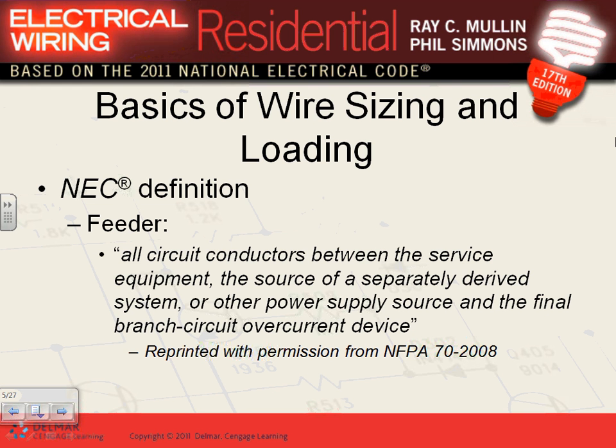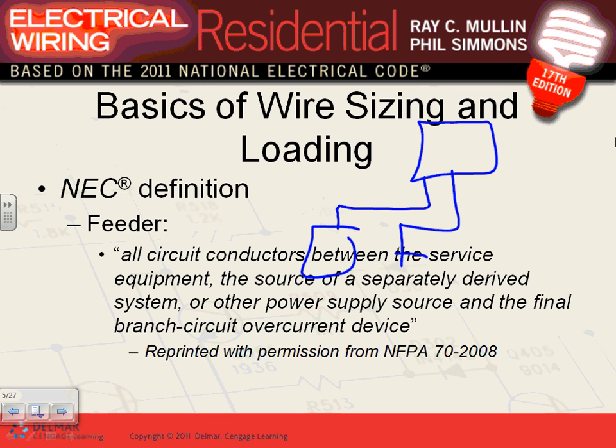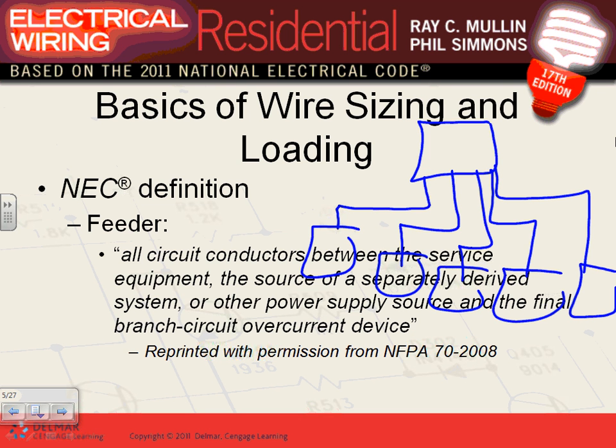The second thing is the feeder. The feeder, guys, is defined as the conductors between 2 overcurrent devices or 2 pieces of equipment. Here's an example. In our apartments, here's panel 1, panel 2, panel 3, panel 4, and panel 5. Right in here we're going to have overcurrent devices 1, 2, 3, 4, 5.